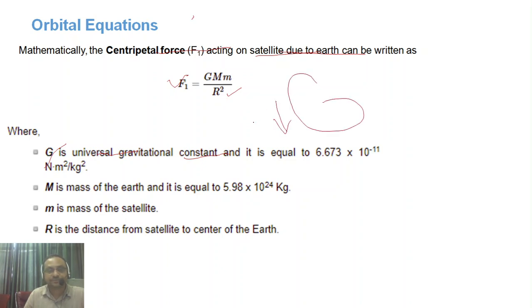You can see capital M is the mass of the earth and it is equal to 5.98 into 10 to the power 24 kilogram. Small m is the mass of satellite, and the capital R is denoted as the distance from the satellite to the center of the earth.